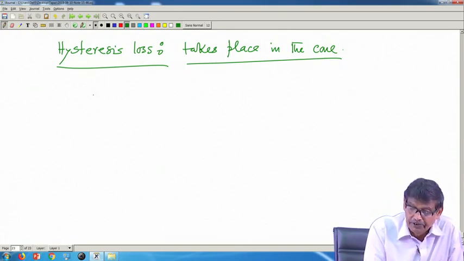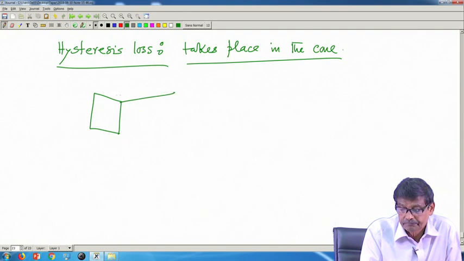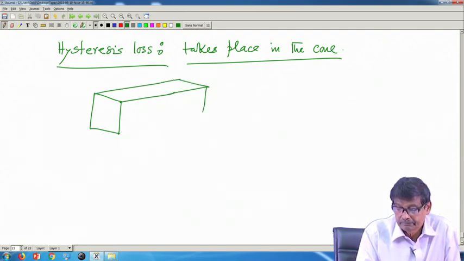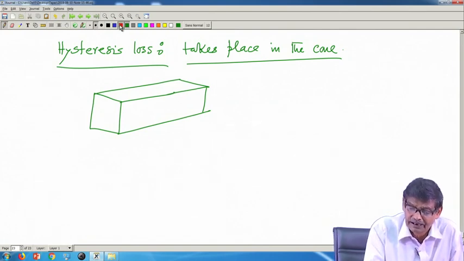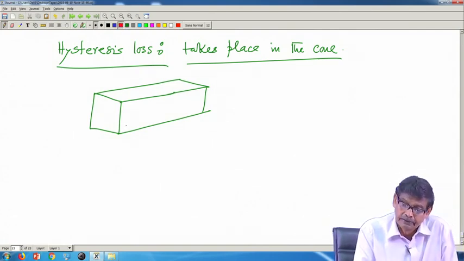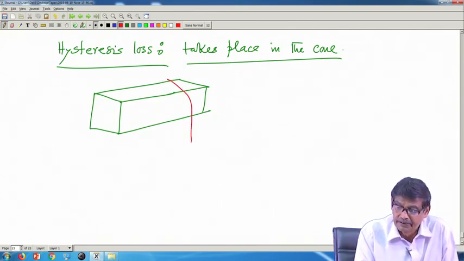See, after all, if you have a magnetic material like this, over which you wound a coil. So, suppose let me draw some coil, say a piece of iron, and here is a coil.